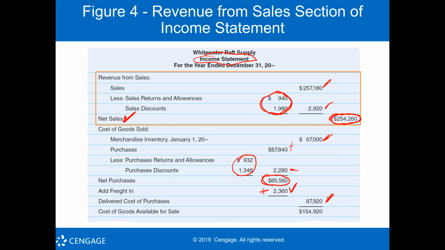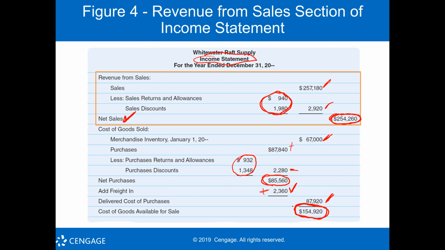And so we take our beginning merchandise inventory, plus delivered cost of purchases, and that gives us our cost of goods available for sale.